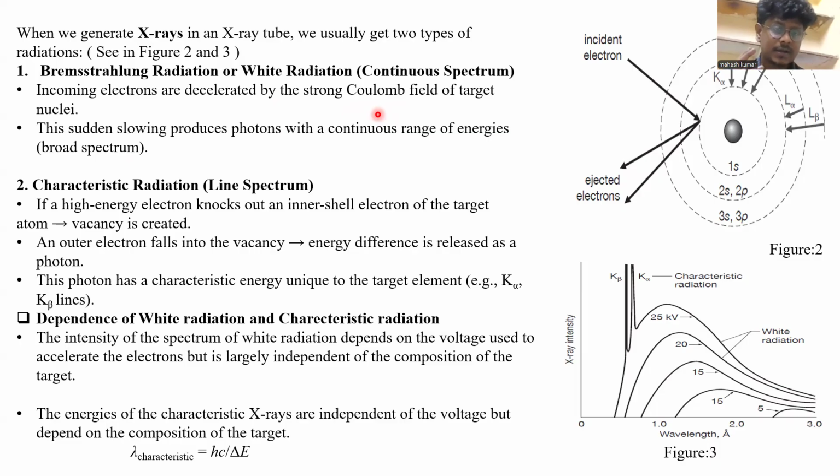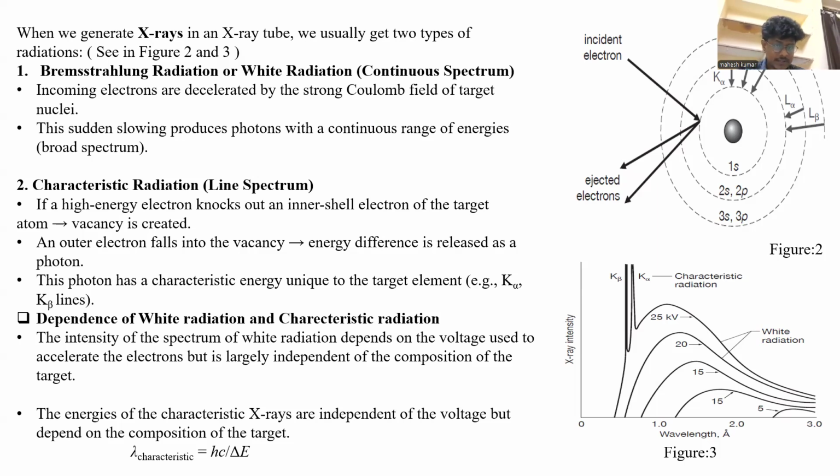As a result, high kinetic energy is converted into photons, and a small fraction of the energy, almost 1%, generates X-ray.